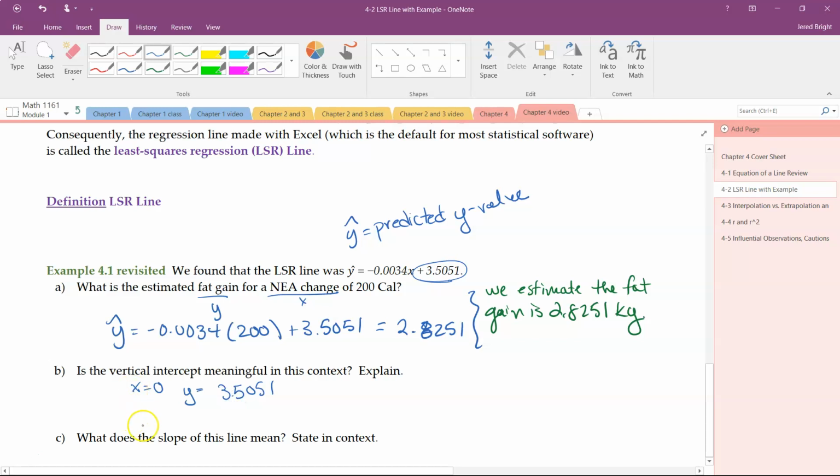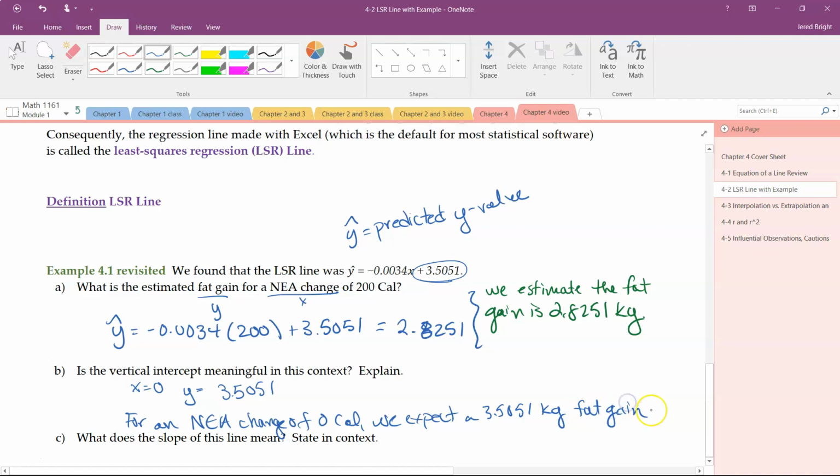So this means that for an NEA change of 0 calories, we expect a 3.5051 kilogram fat gain.